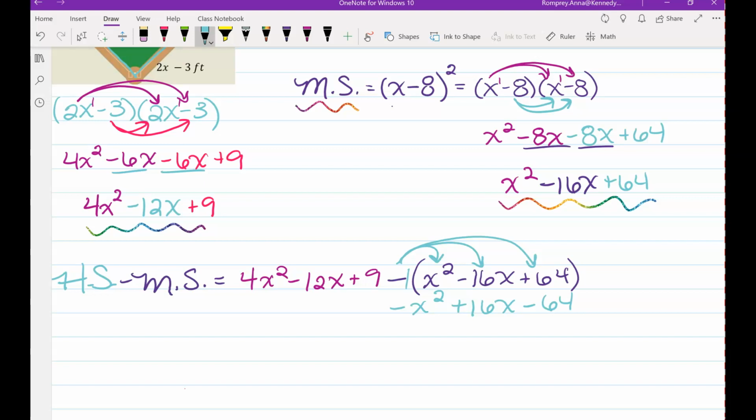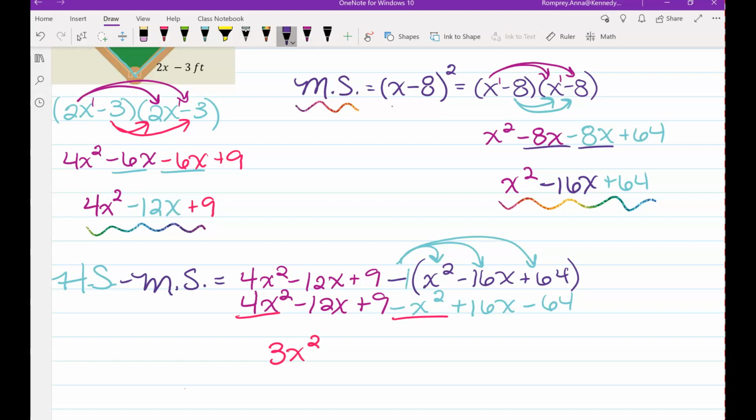Now that we've distributed that negative to all of our terms, now we can just combine our like terms. So high school minus middle school. The difference in the base paths is 4x squared minus x squared, which gives us 3x squared.